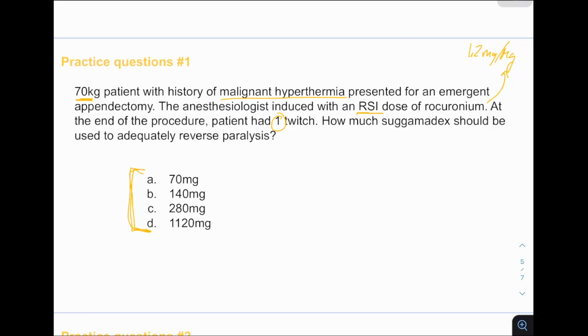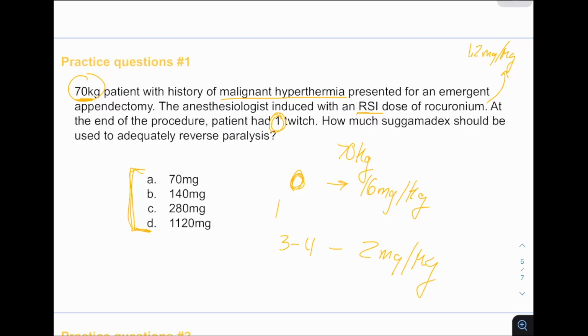So in this question, we know that the patient weighs 70 kilograms. Sugammadex dosing is based on the number of twitches the patient has. So one twitch. Well, let's count backwards. If the patient has 0 twitches, how much would you give? You would give 16 milligrams per kilogram. If the patient had pretty good twitches, 3 to 4 twitches, you would only give 2 milligrams per kilogram.